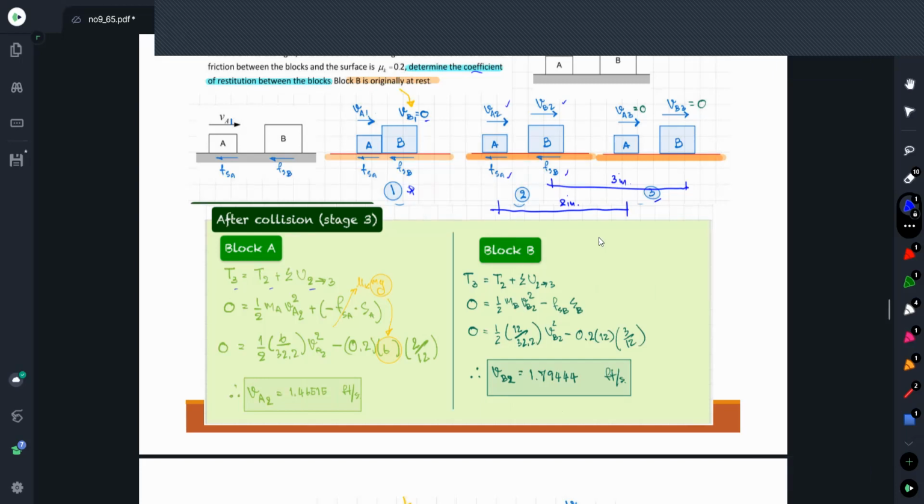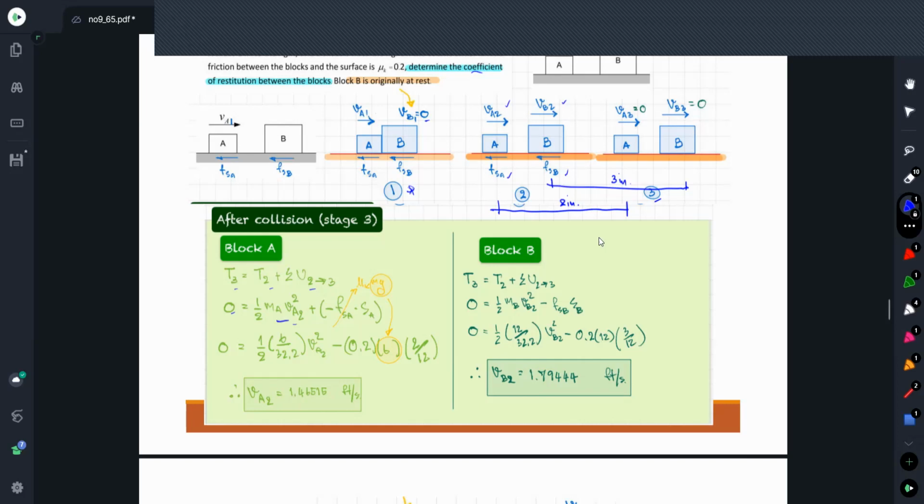At the final position, the block is stopped, so the kinetic energy becomes zero. At the initial position, after impact, we have the kinetic energy with v_A2, which is unknown now. The friction force is opposite to the direction of motion, so it is the resistance force and produces negative work.